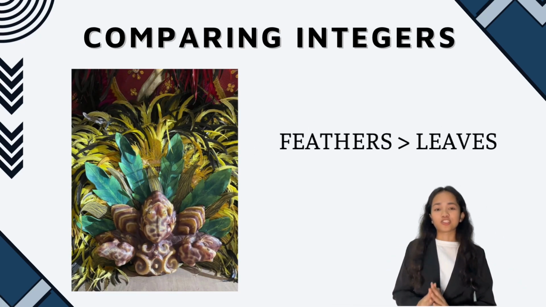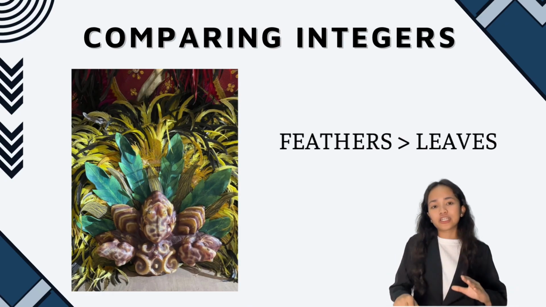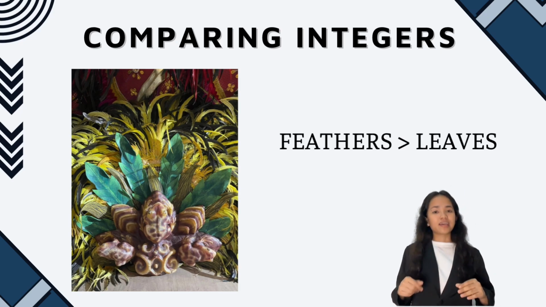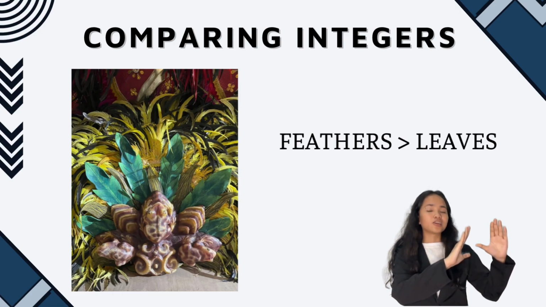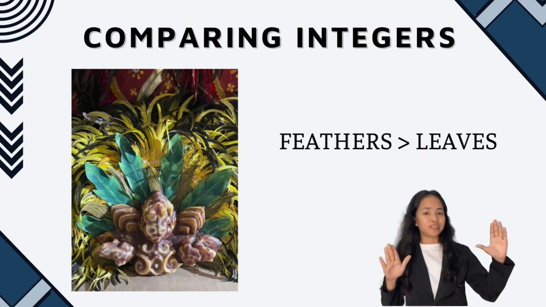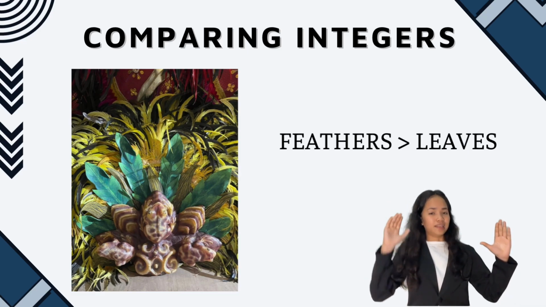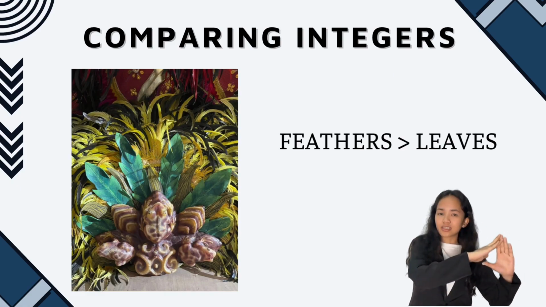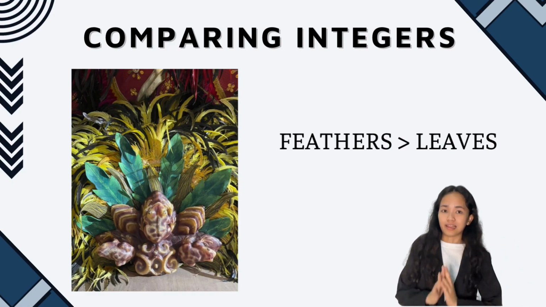Correct. The feathers are greater than the leaves. That is why the sign is on the feathers. If you read this, it will sound just like this: the leaves are less than the feathers, because the feathers are greater than the leaves.